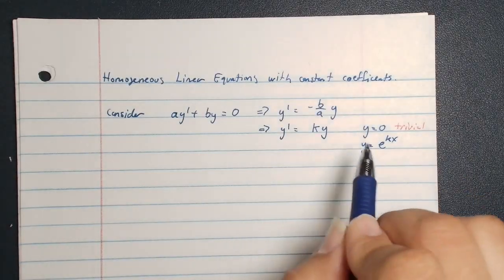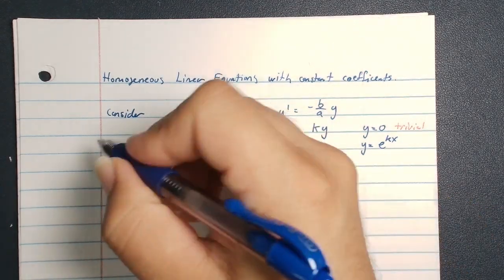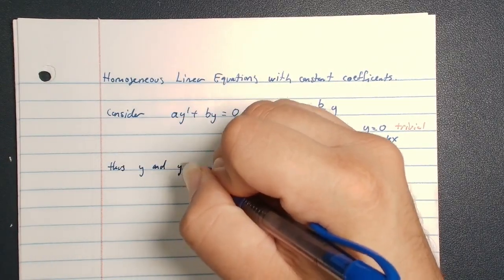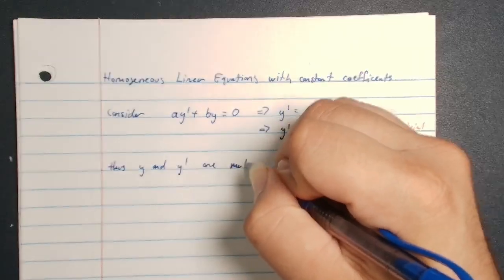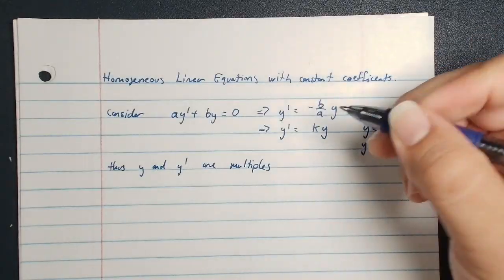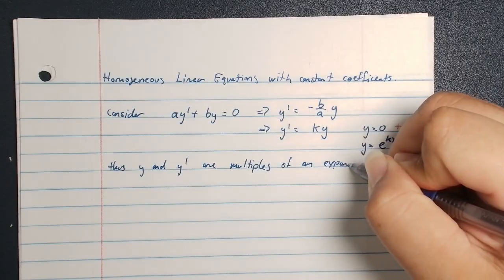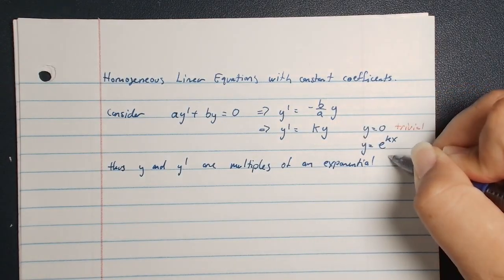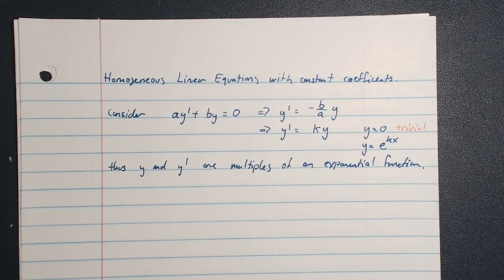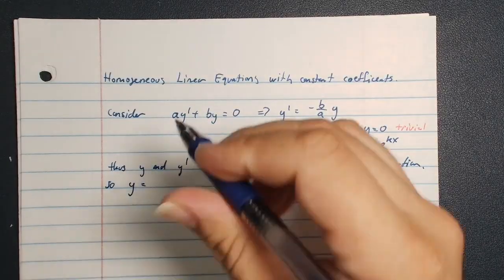So what that means is that both y and y prime are just going to be multiples of the exponential function. You say, okay, so what? Well, if that's the case, I can write y as some number.